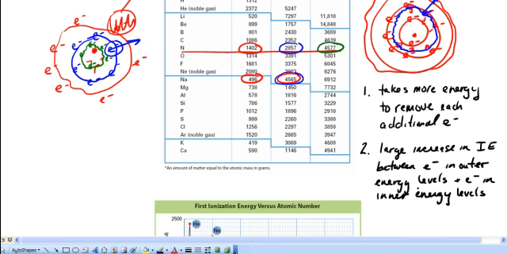All right. Again, that's why there's a big jump between the first and the second ionization energies of sodium, and again, you actually see the same trend with potassium.